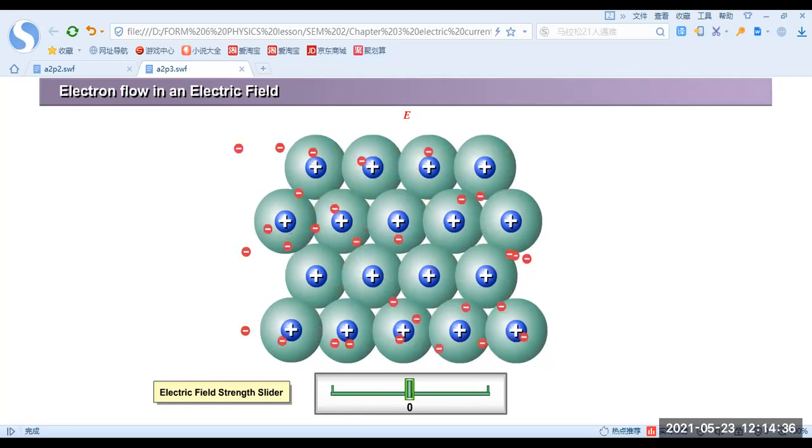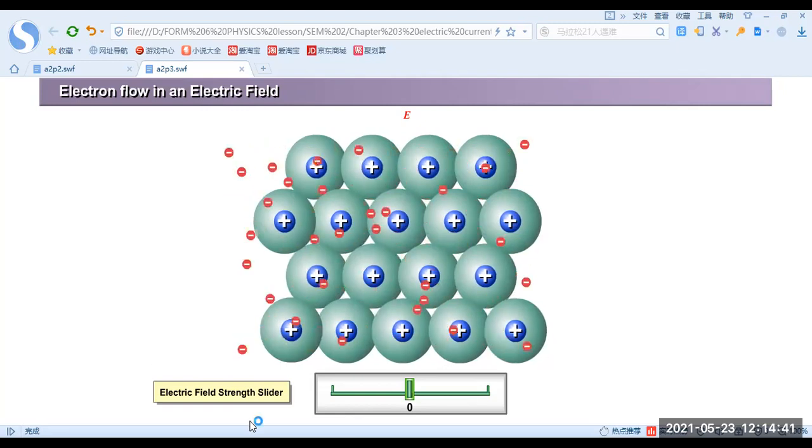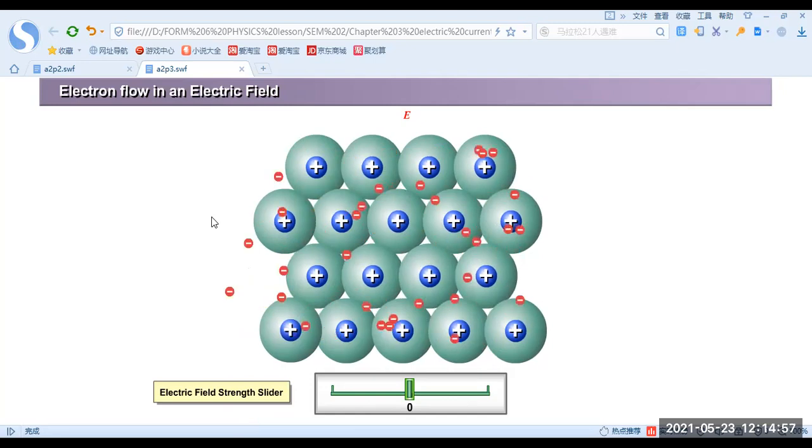The natural characteristic of negative charge is to be attracted to the positive terminal. Negative and positive always produce an attractive force. So now we notice the electrons move from left to right.